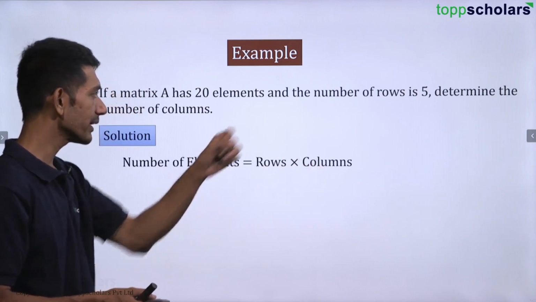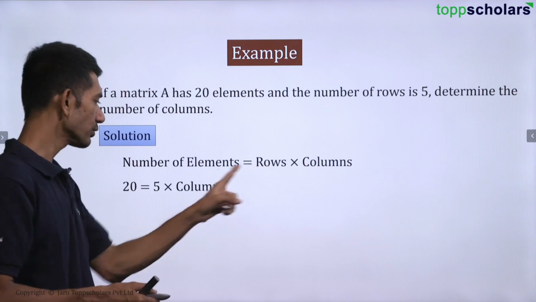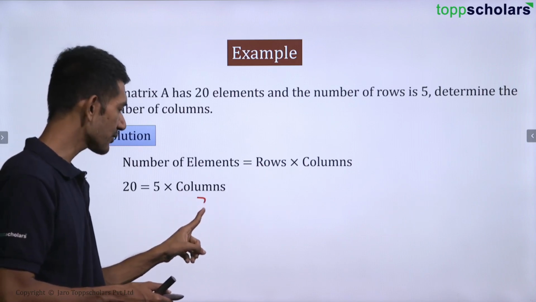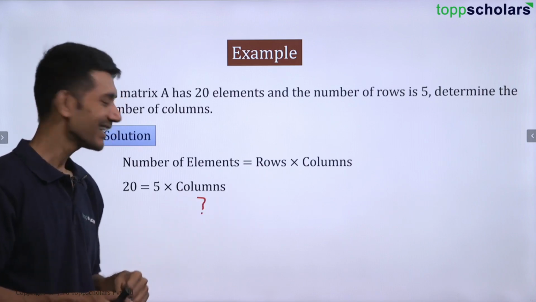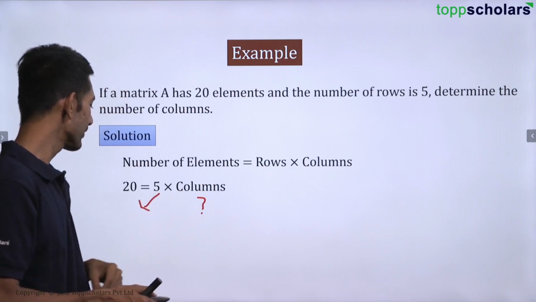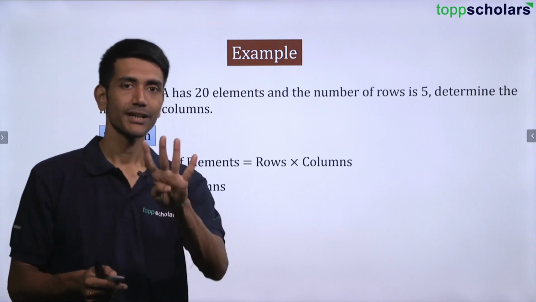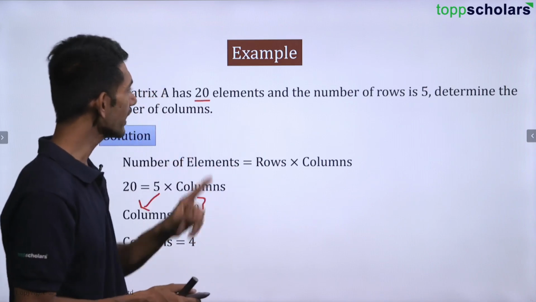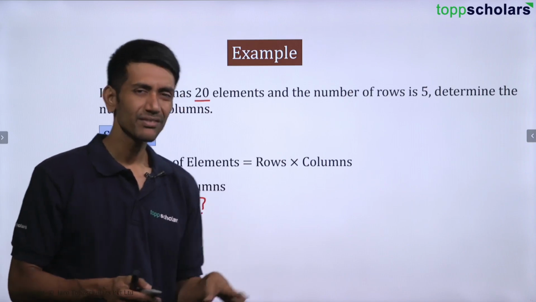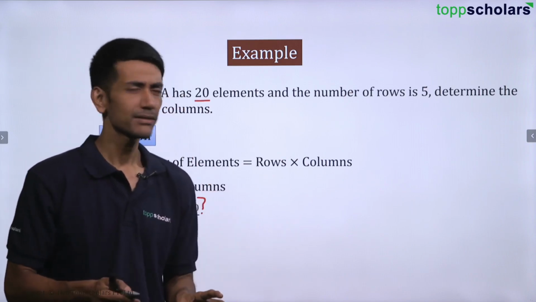Number of elements is 20. Rows 5. Column is question mark. That is what we are supposed to find out, right? So we just need to divide here. So divide 20 by 5, you get 4. Can I say the number of columns is 4? Number of elements is 20. Number of rows is 5. Number of columns is 4. Simple math. Let's continue.